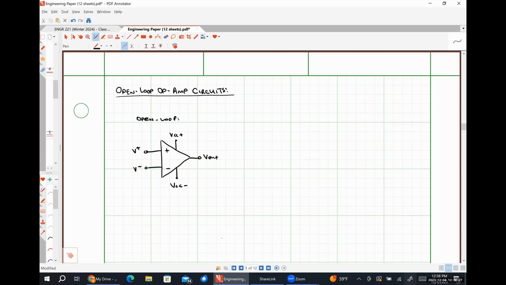Next thing that we're going to see is positive feedback. So in a positive feedback configuration, we're going to have our op-amp. We are also going to have, I'm not giving myself a whole lot of room here, so I apologize for that, something like this.